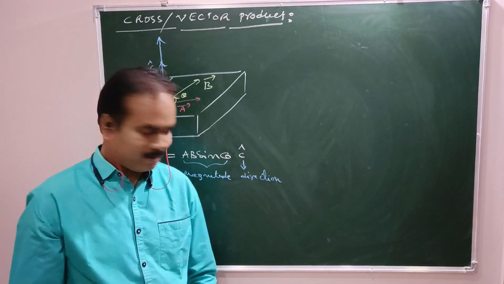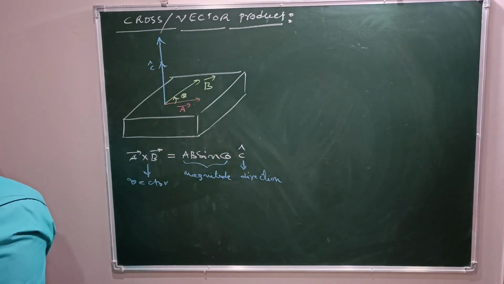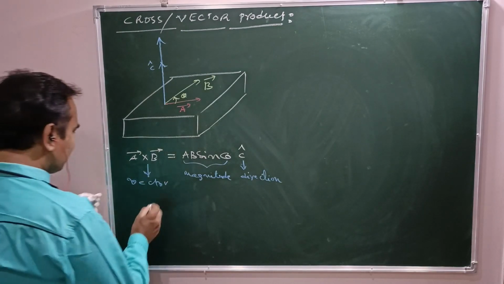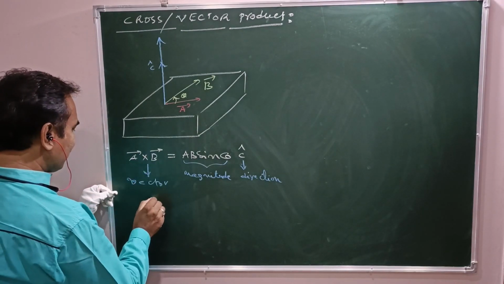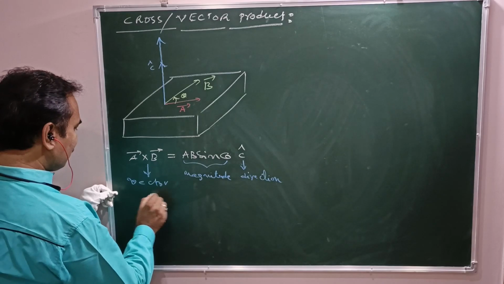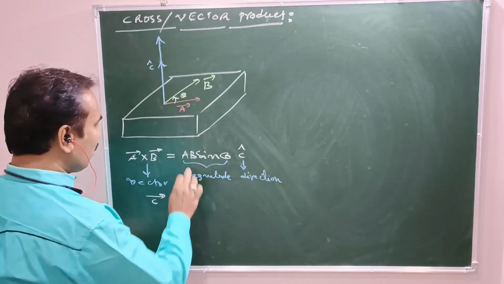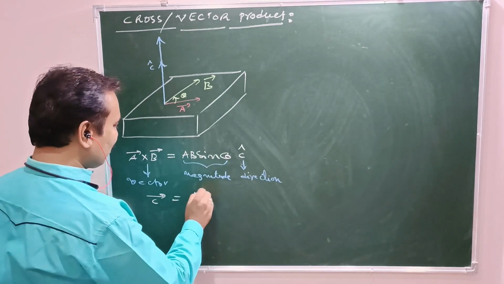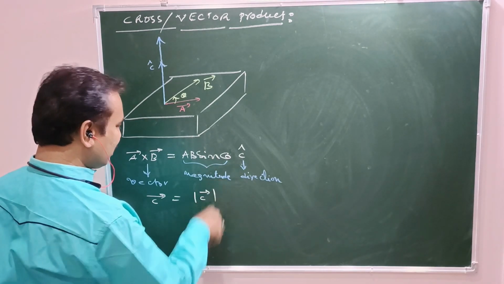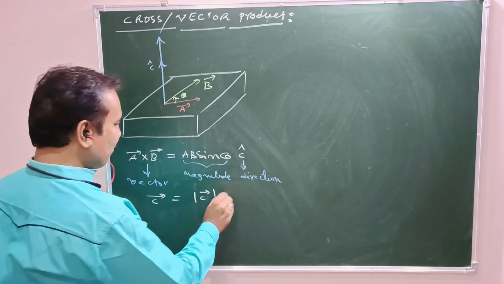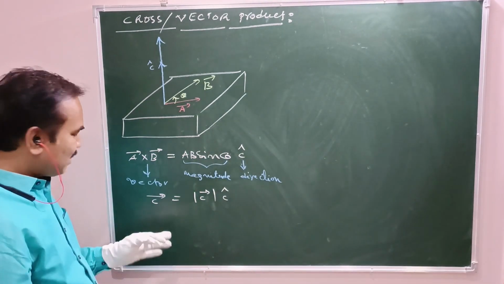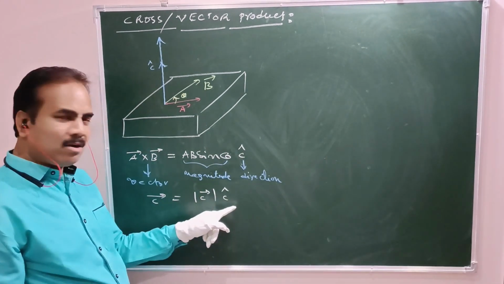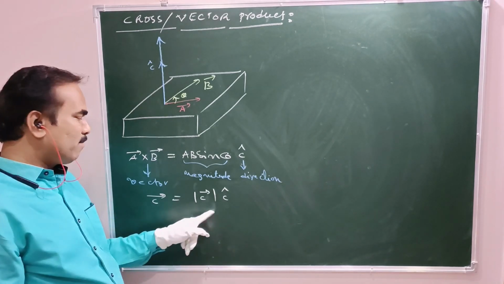What is that vector? A bar cross B bar is again a new vector. Say it is C bar. So C bar equals A bar cross B bar, which is equal to AB sin theta, meaning magnitude, that is mod C bar, into C cap. As you know, A bar equals mod A bar into A cap, B bar equals mod B bar into B cap.